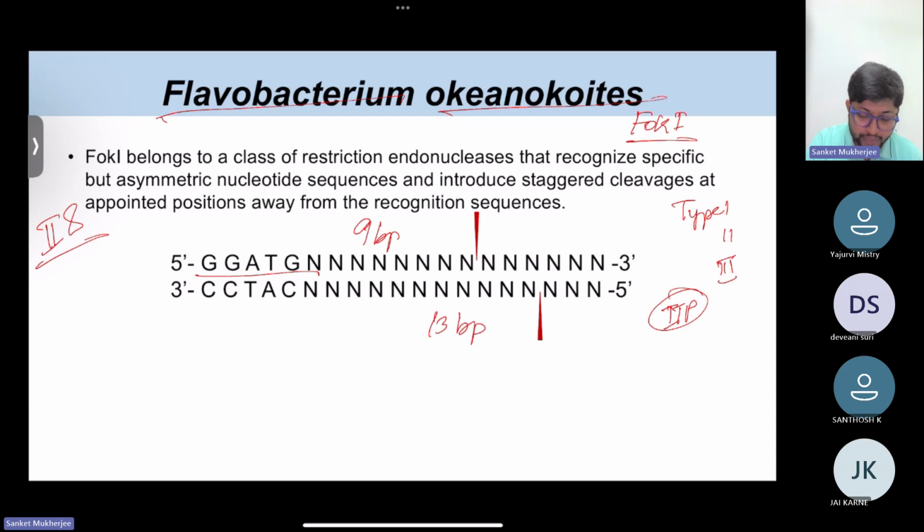It is again isolated from Flavobacterium okeanocoides. It's a gram negative, rod-shaped bacterium. Motility is actually not known. It could be motile, or it could be non-motile.